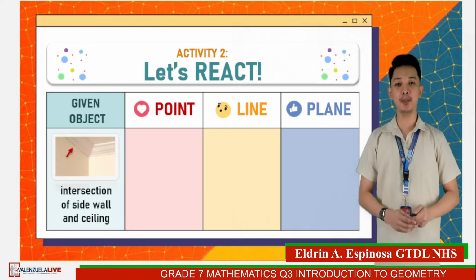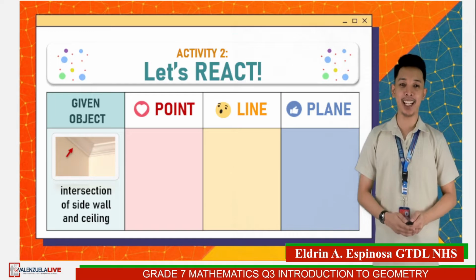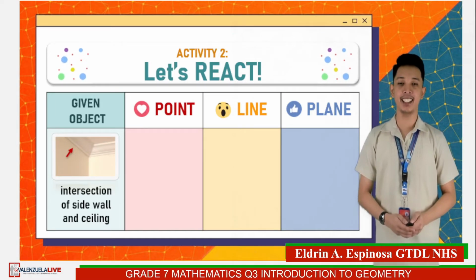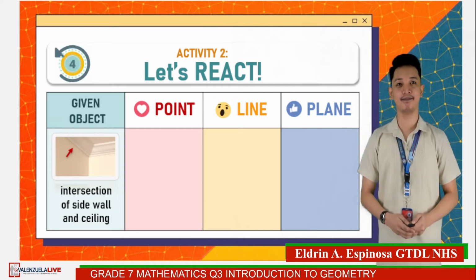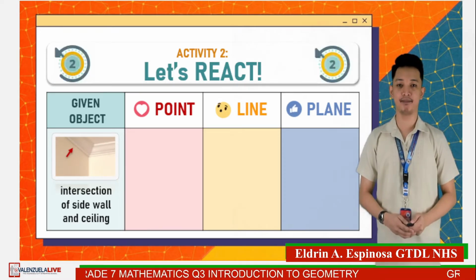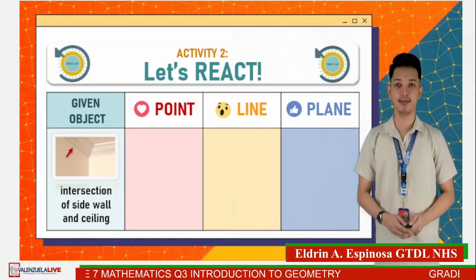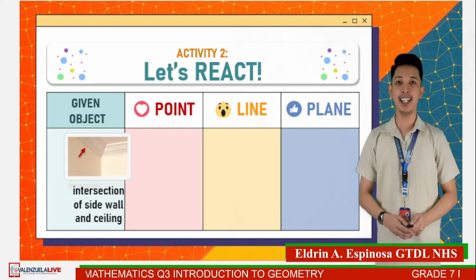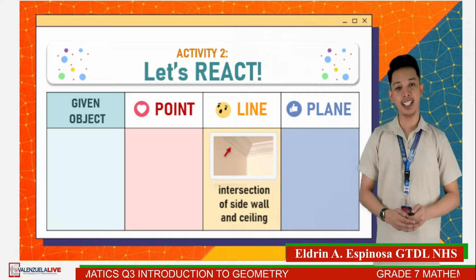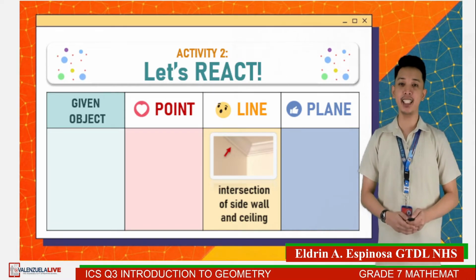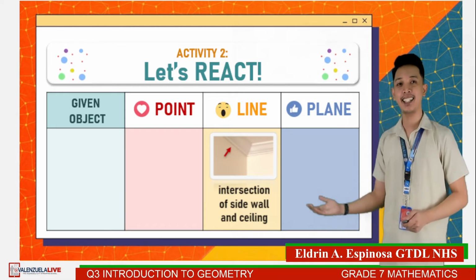And for the last object, an intersection of sidewall and ceiling. Let's react. Go! Alright, the correct answer is wow! Since an intersection of sidewall and ceiling represents a line.